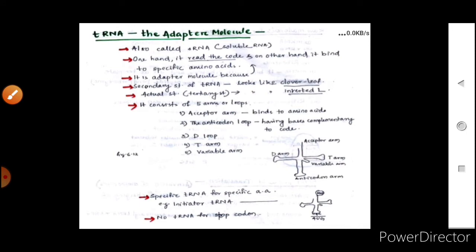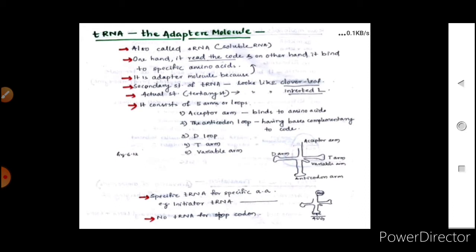So when we are talking about the tRNA or the adapter molecule, it was also called sRNA, that is the soluble RNA. On one hand it will read the code and on the other hand it will bind to the specific amino acid. For every amino acid there is a specific tRNA.